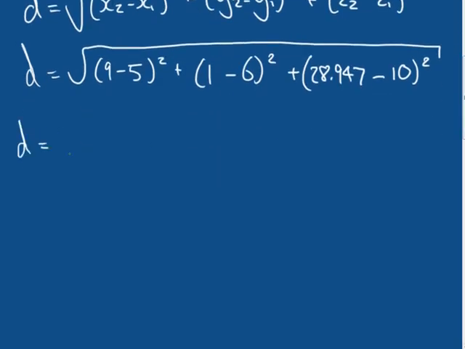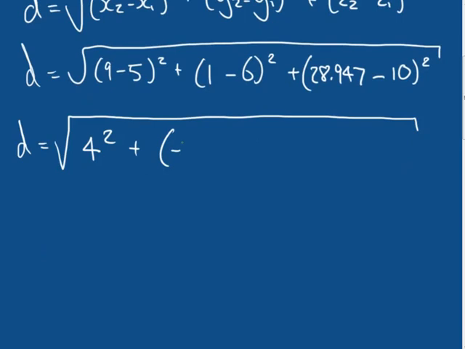So d is equal to the square root of 9 minus 5 is 4, so 4 squared, plus 1 minus 6 is minus 5, so plus minus 5 squared, plus 28.947 minus 10 is 18.947 squared.